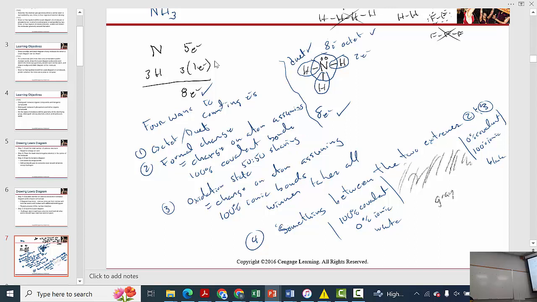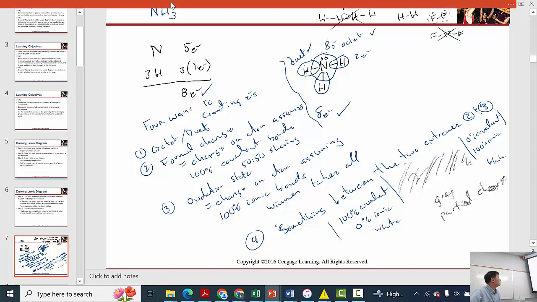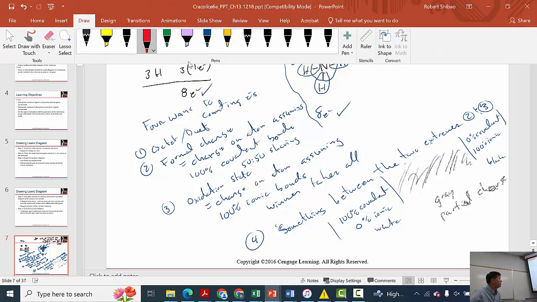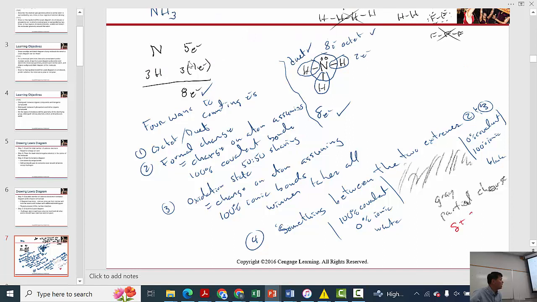And that's going to give it what we call a partial charge. Over here we have 0 charge, over here we have a full charge, over here we have partial charge, where we use deltas to represent the partial charges. And so this is the delta plus, delta minus region here. And so that's yet another way of counting electrons.